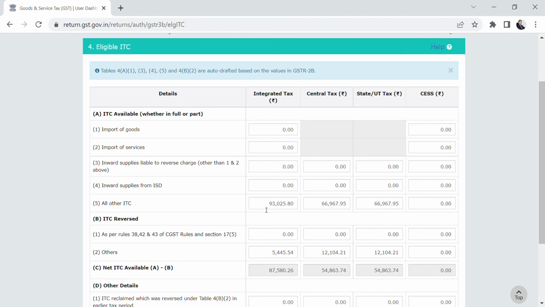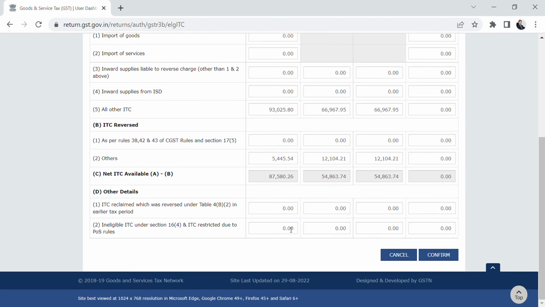The first one is pertaining to the conflict of POS, and the second one is pertaining to section 16 subsection 4, where the time limit has already expired. So you have to mention those invoices, how they will be accounted for, how they will be segregated. That you have to do on the basis of your books of accounts.